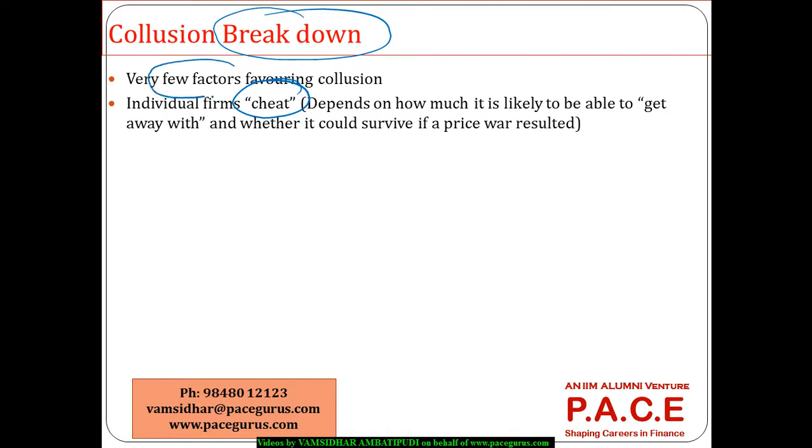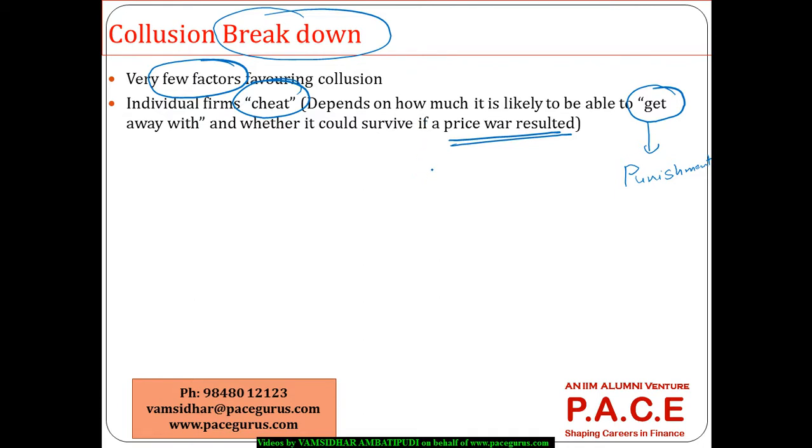When there are only very few factors favoring the collusion, and there is a possibility that the individual firm can get away with it, meaning not too many punishment or penalty related practices are there if this is broken. And once the price war comes up, can this firm really sustain that price war?